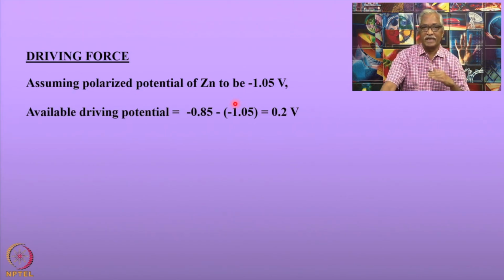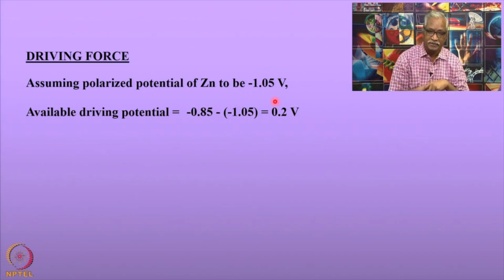When zinc is connected to the pipeline, zinc gets polarized, and that is how the current is generated, and that current passes through the pipelines. When it gets polarized, the ultimate potential is somewhere close to minus 1.05 volt.